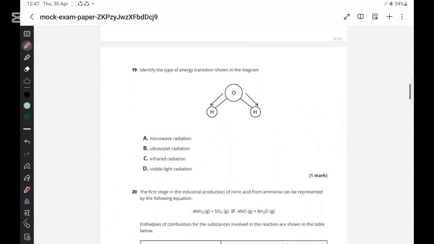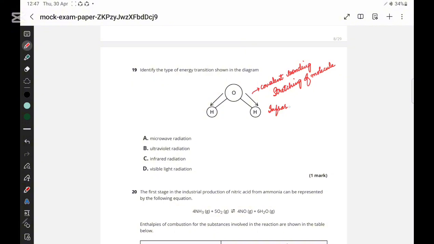Now for the next question, identify the type of energy transition shown in the diagram. The diagram shows covalent bond stretching. This is a covalent bond, and it is showing the stretching of molecules. Stretching of molecules in covalent bonds is basically related to infrared radiation.